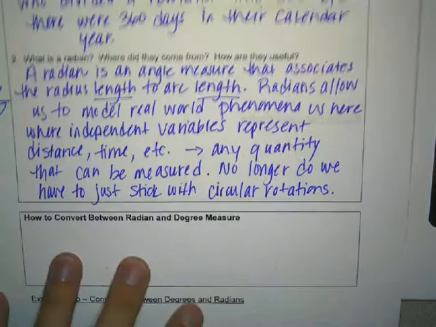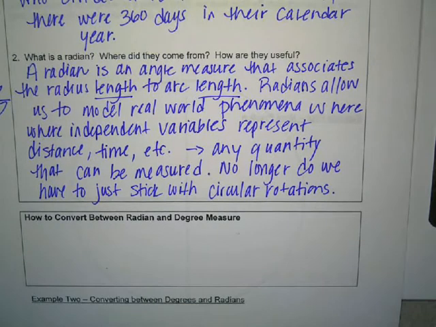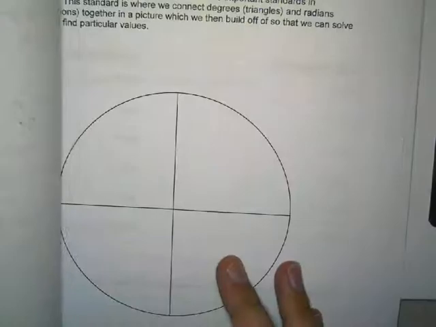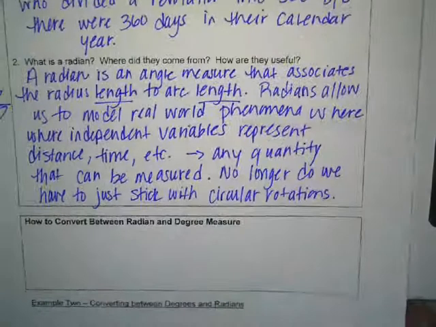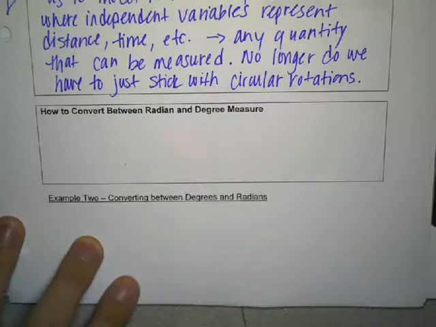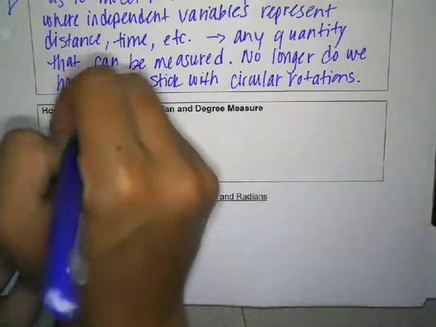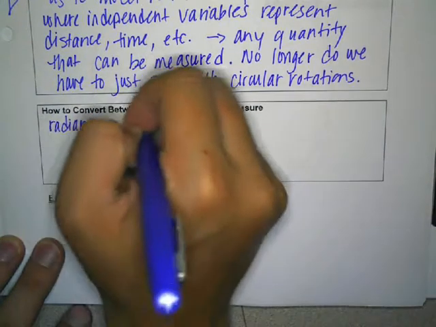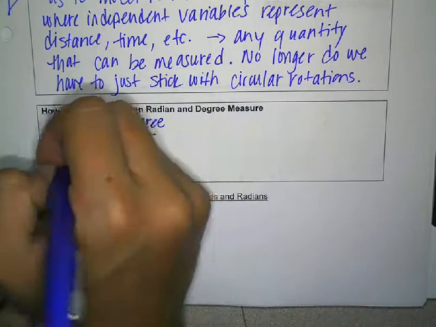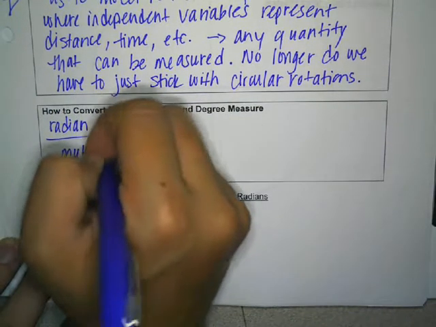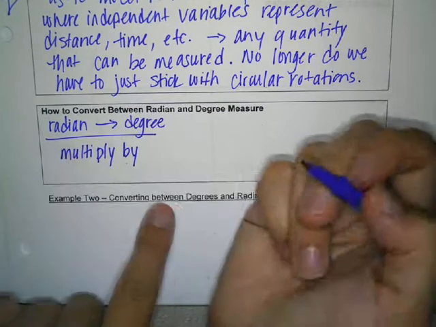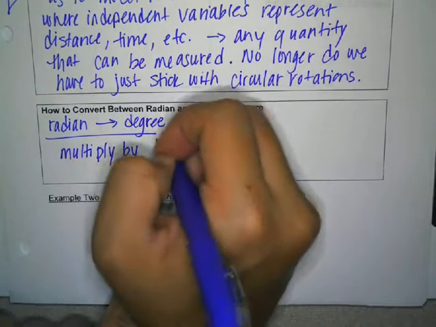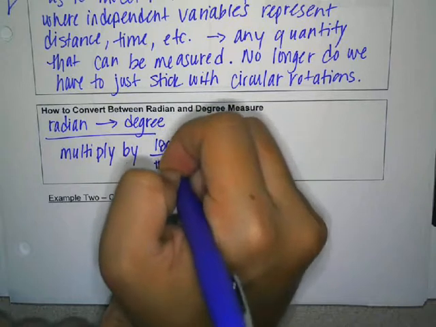All right, how to convert between radian and degree measure. Okay, we're going to do example 2 and 3 together because these are pretty quick. To convert from radian to degree, multiply by 180 degrees over pi radians.